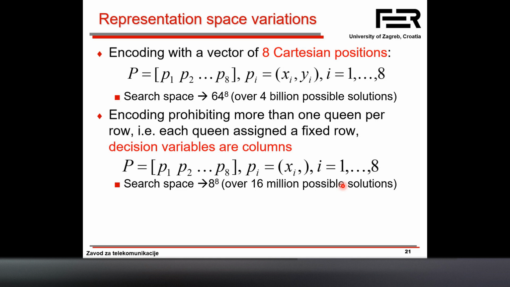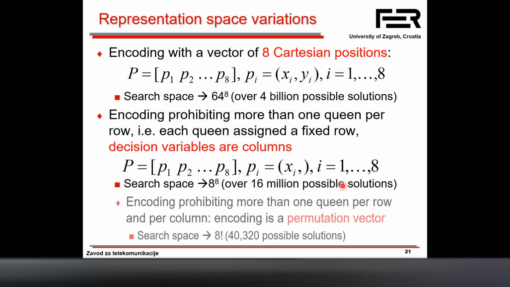Okay. What would be then the size of the search space? How would you represent the search space in that case, or the representation? What would be the decision variables? Any ideas? Okay.